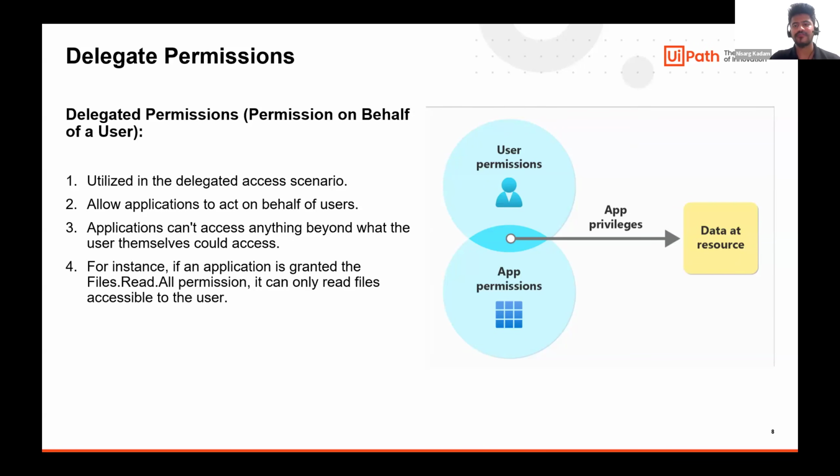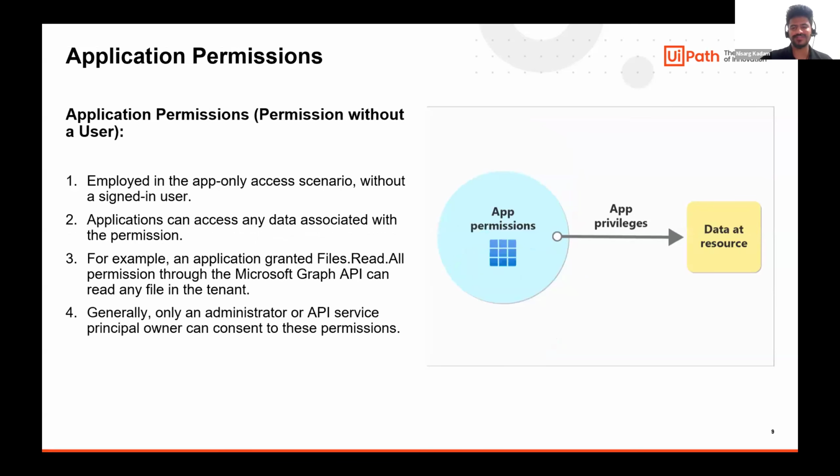On the other hand, if you choose application permissions, we have to be very cautious because on the security level, the app has access regardless of any individual user. It has permissions for that specific app, whatever you have selected on the permission side. Commonly, delegate permissions are referred to as scopes, while application permissions are commonly referred to as app roles.